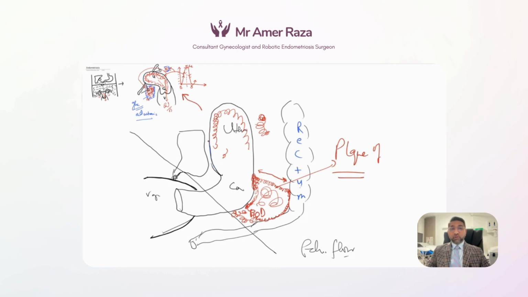Sometimes endometriosis can grow to the front as well toward the bladder, and that can be very painful, and it grows toward the rectum. That can be very painful, and the same thing will give pain during intercourse and pain during periods. So this is a very simple way to explain how endometriosis grows outside the uterus and involves various structures.